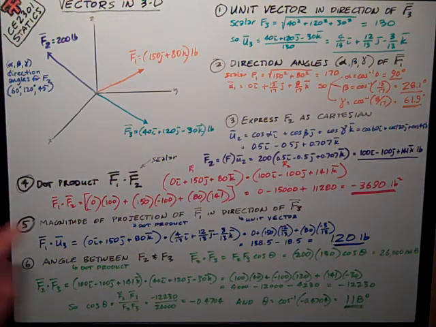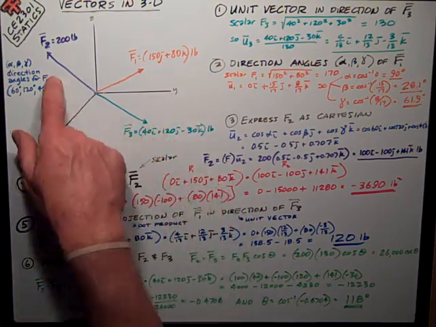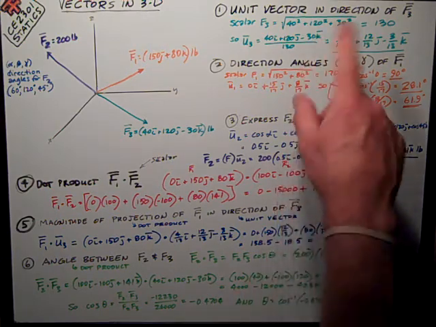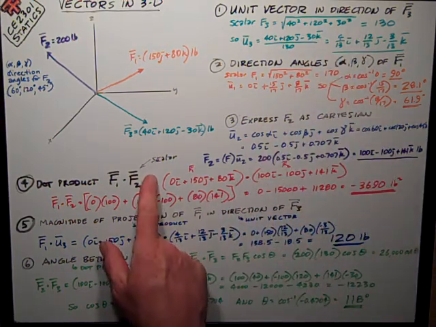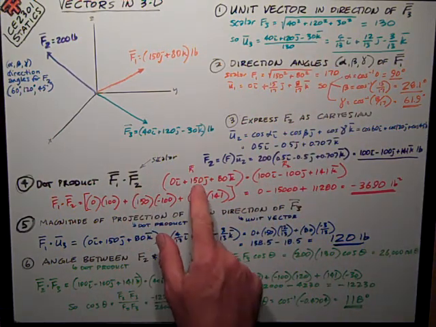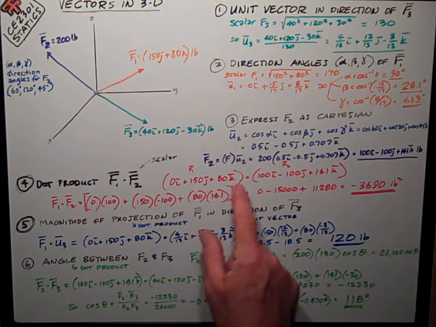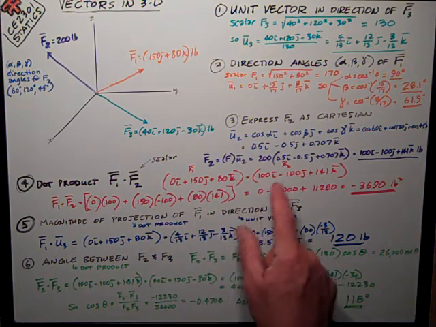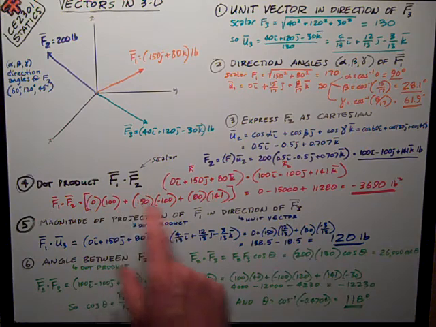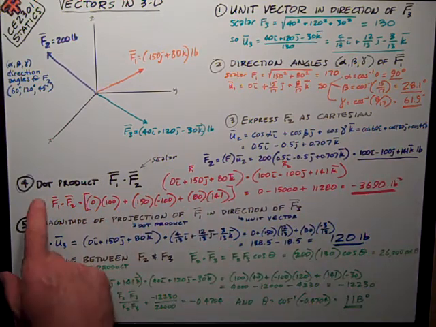Number 4, the dot product of F1 and F2. So it's F1 dotted with F2, but up here I've got them in Cartesian format, which helps me. This is F1, 0, 150, and 80. F2 is 100, negative 100, and 141 from up there, right above it.